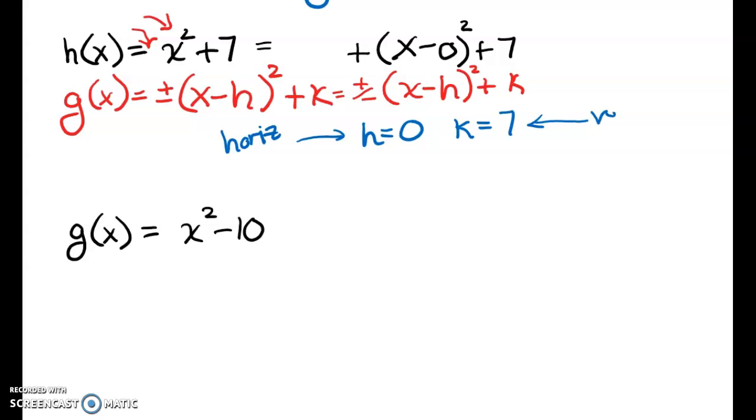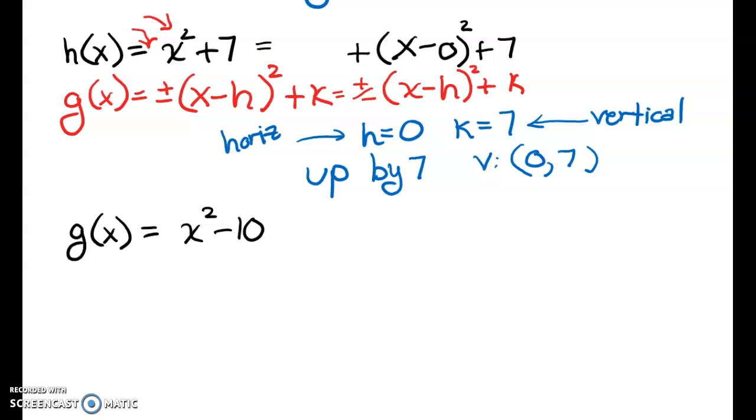This is my vertical. Okay, k controls my vertical, right? So I am moving this graph up by 7. If k is positive, my graph goes up by 7. And my vertex here is h comma k. H is 0 and k is 7.